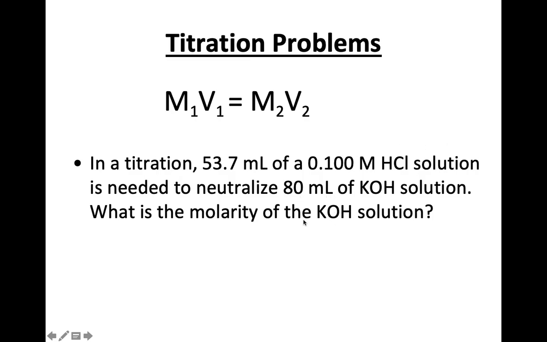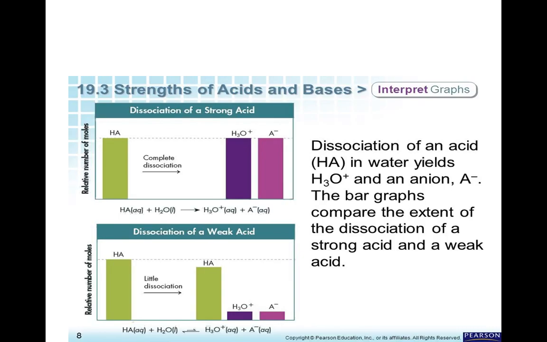So we want to know the molarity, the M of KOH, which is this. So we'd solve by taking the V, put the V under here, and put in our numbers. M1 is 1, V1 is 53.7, divided by 80 gives us the molarity of KOH. That's how you do it. All you're doing is solving just like the gas laws. Easy, easy, easy. Once you see it, it's easy. Until you do it, it looks a little confusing.